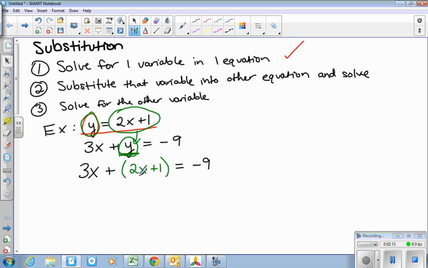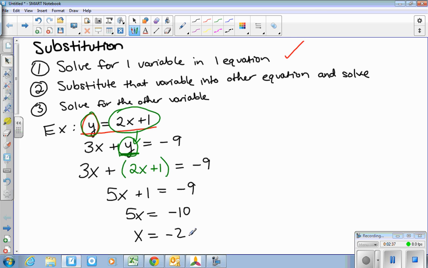Now we can combine like terms. 3x plus 2x is 5x plus 1 equals -9. The only variable left is x, so let's solve for x. Subtract 1 from both sides, and 5x equals -10. Divide both sides by 5, and x equals -2.